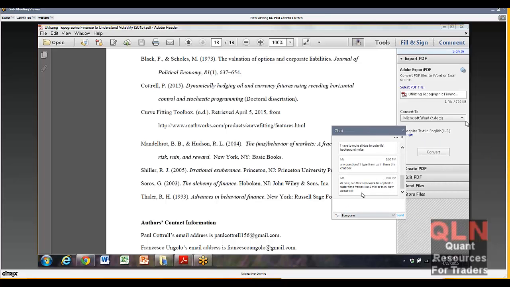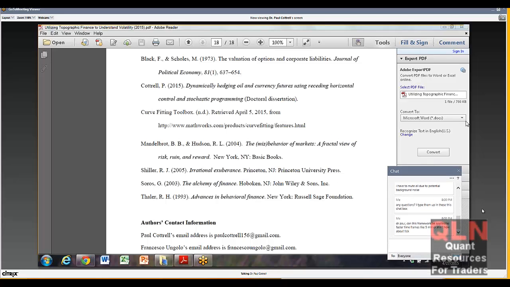Can this be applied to a faster time frame, like a 5-minute or 1 minute? And it can be. You can apply it to tick data.